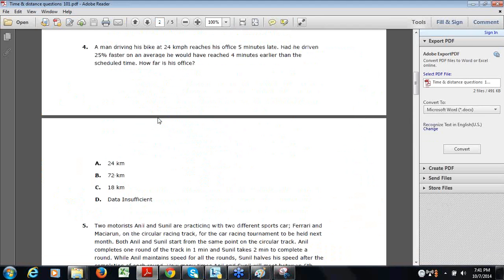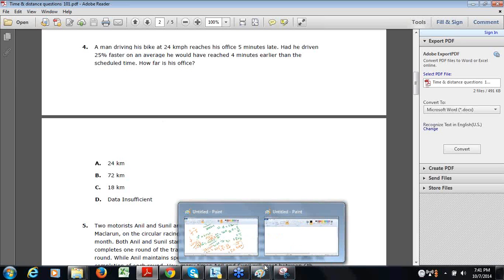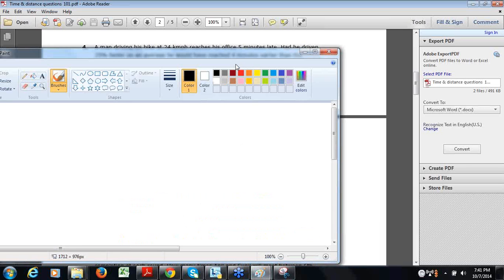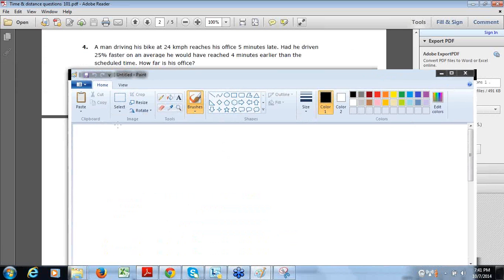A man driving his bike at 24 km per hour reaches the office 5 minutes late. Had he driven 25% faster, on average, he would have reached 4 minutes earlier than the scheduled time. These types of questions you will find in all the competitive examinations, whichever you take.